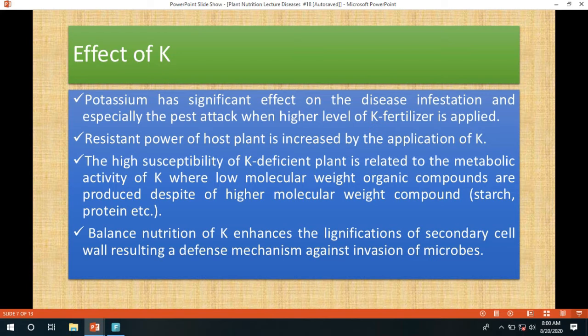The high susceptibility of potassium deficient plants is related to the metabolic activity of potassium, where low molecular weight organic compounds are produced instead of higher molecular weight compounds for starch and protein. Balanced nutrition of potassium enhances the lignification of the secondary cell wall, resulting in a defense mechanism against invasion of microbes.